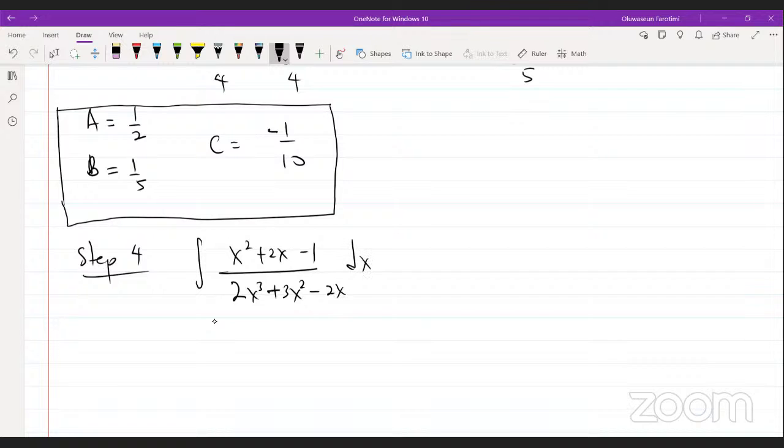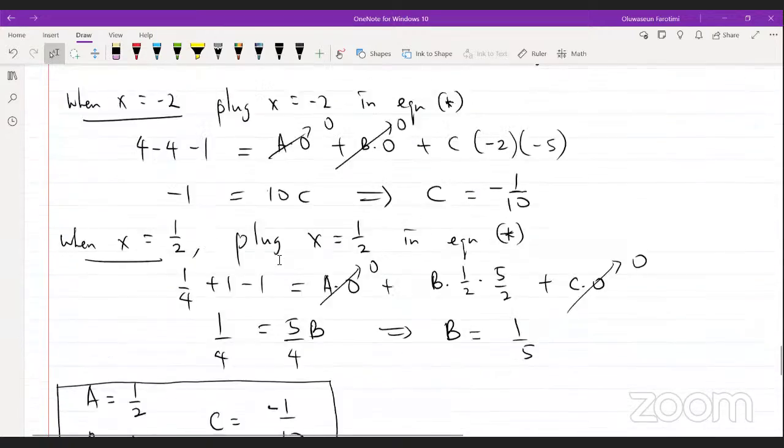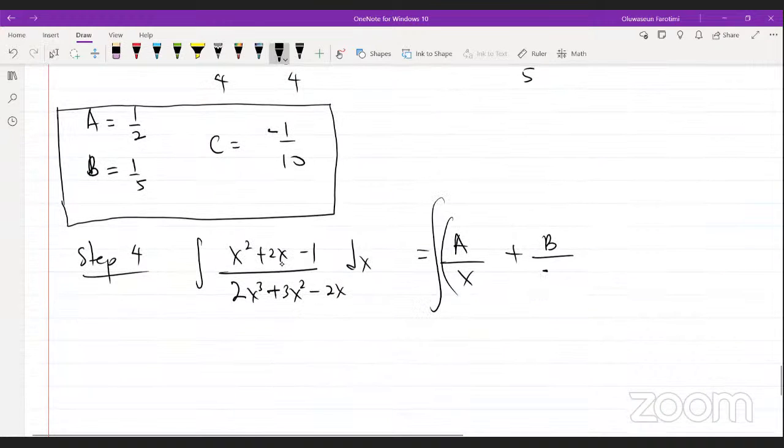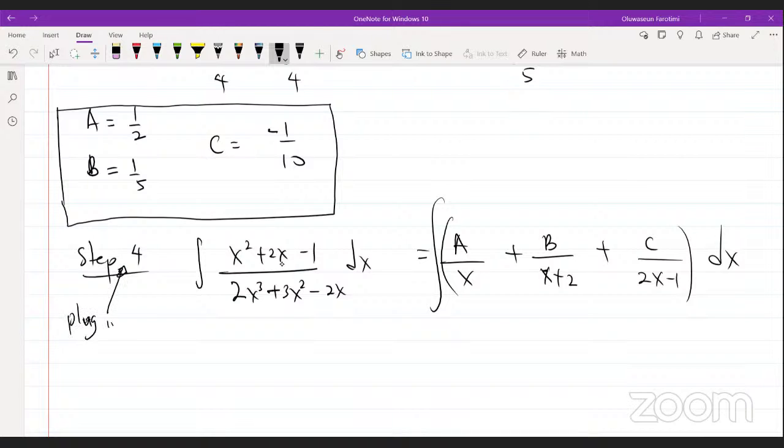We equated this guy to a divided by x, plus, of course, an integral here, b divided by, let me back up to be sure, that was x plus 2. Okay, cool. And then plus c divided by 2x minus 1, dx. So in step 4, you got to plug in the values of a, b, and c.